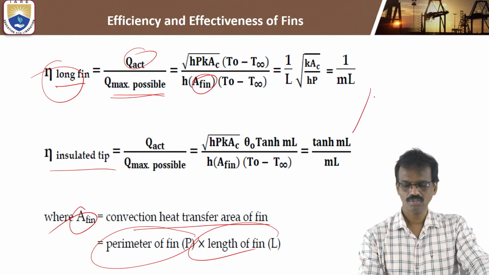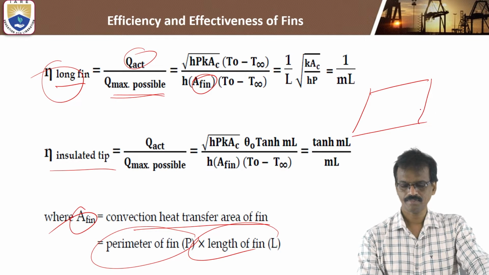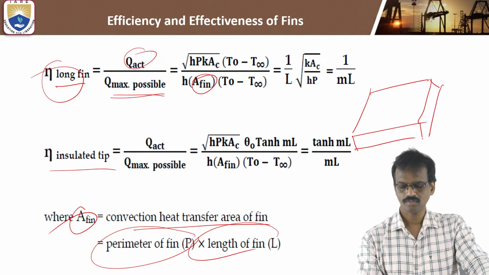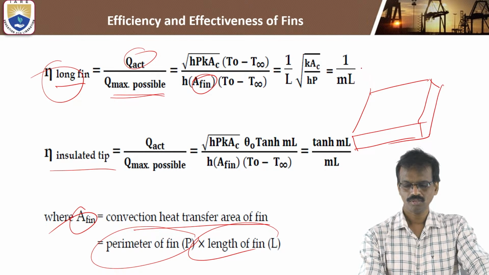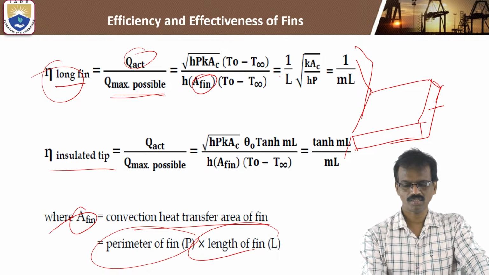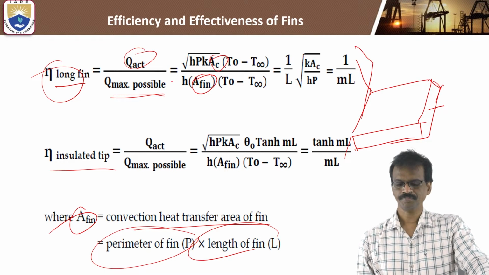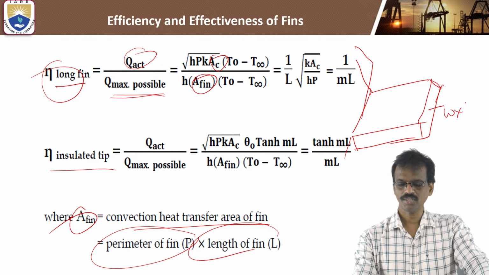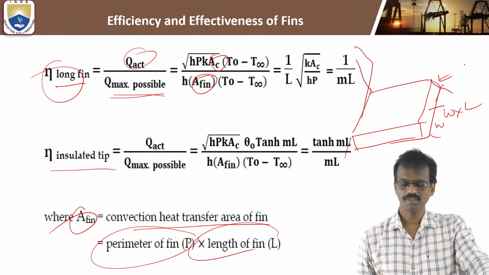So this is the fin. This is just like the base surface. In this one, the end area, this is the cross sectional area, that is A_C, W into T. So width is equal to W, T is the thickness.